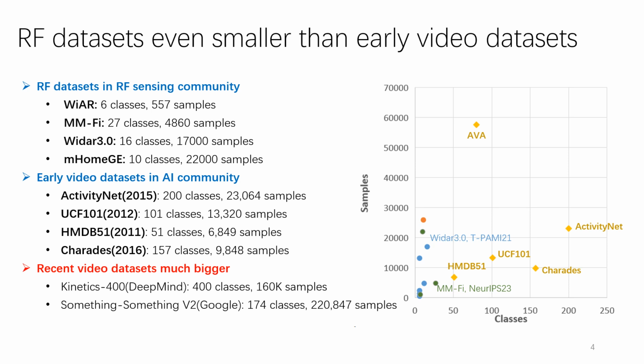Even more striking is the size of recent video datasets like Kinetics 400 from DeepMind, with 400 classes and 160,000 samples, or Google's Something Something V2, which has 174 classes and over 220,000 samples. This comparison underscores the need for larger RF datasets to parallel the successes seen in video-based action recognition and help RF-based models reach their full potential.